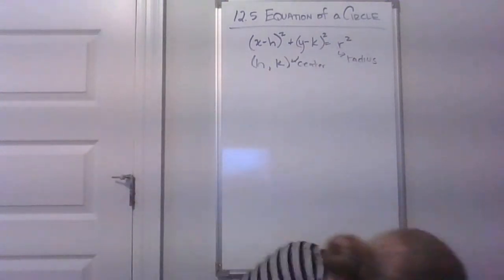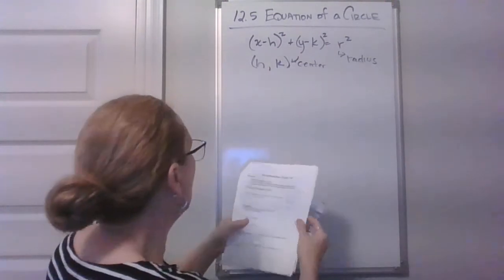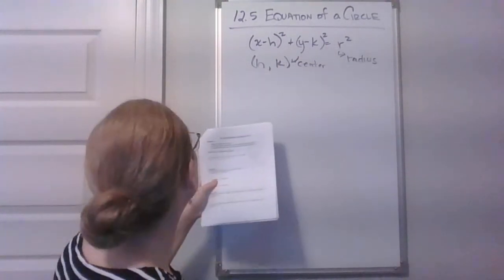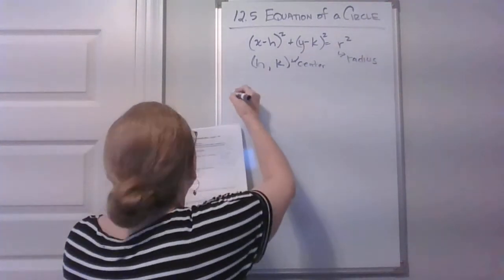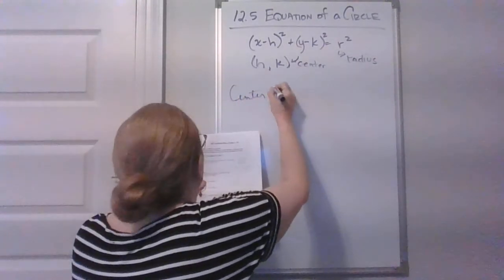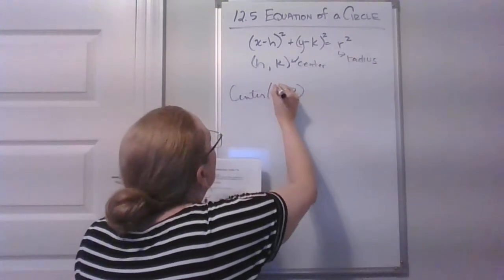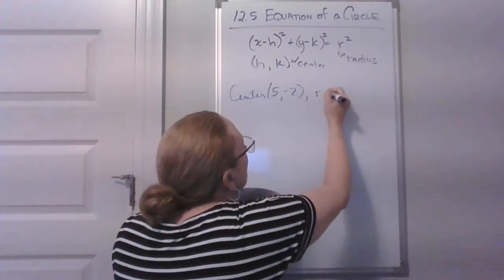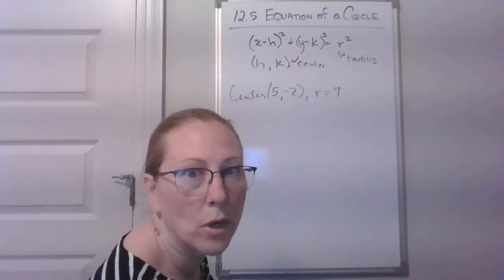Now, beginning with our first example, it would ask, what is the standard equation of a circle? These are the notes that were in our section materials folder. If we have a center of (5, -2) and a radius of 7, then we would need to write the equation for our circle.